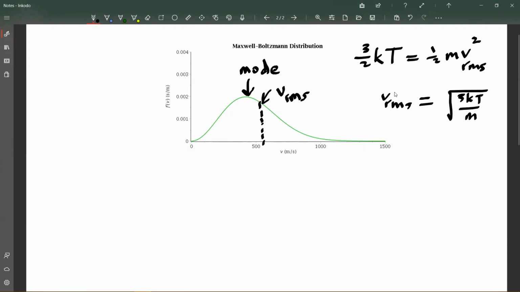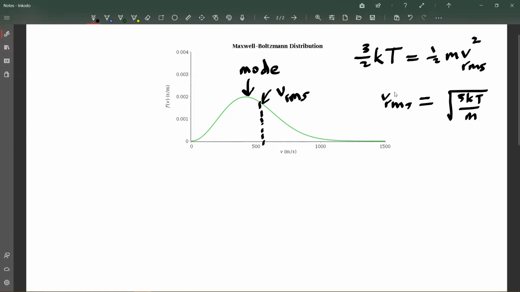So these really high speeds over here, notice how low the curve is. The horizontal axis is what's giving us the speed, and the height of the curve tells us the probability or the fraction of gas particles that actually have that speed. Notice that even way out here at 1500 for this particular example, the curve is not quite zero.